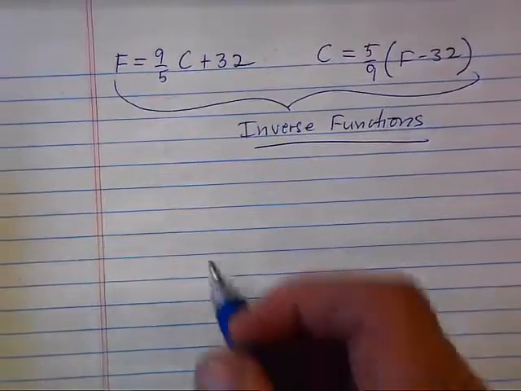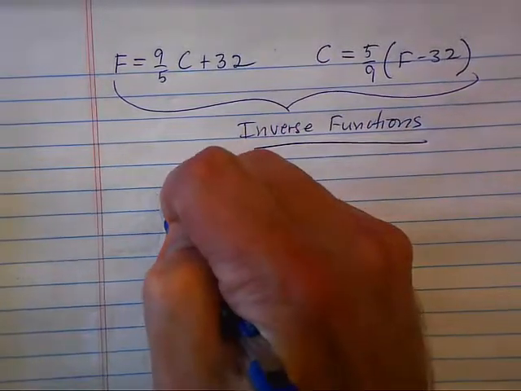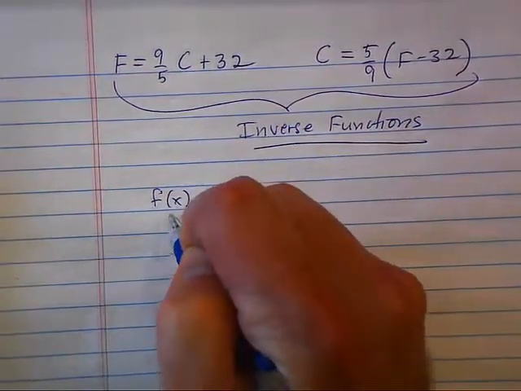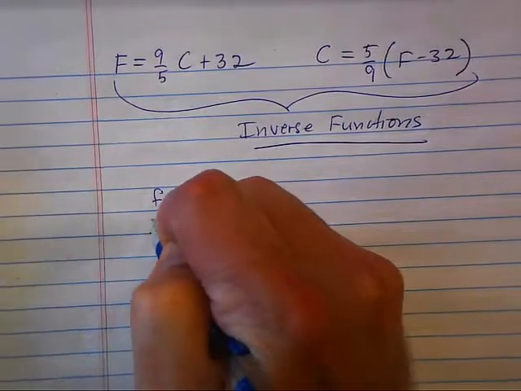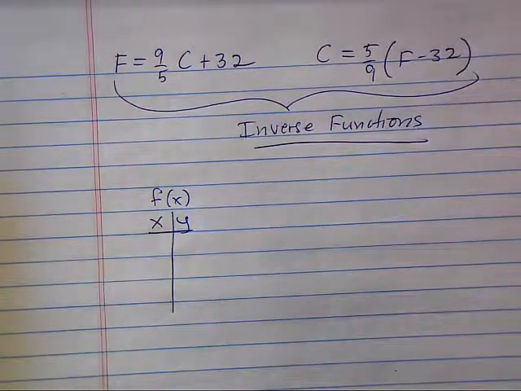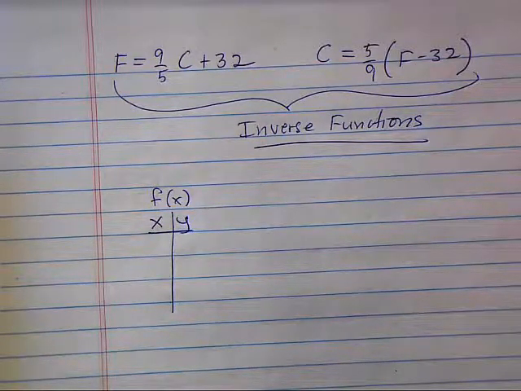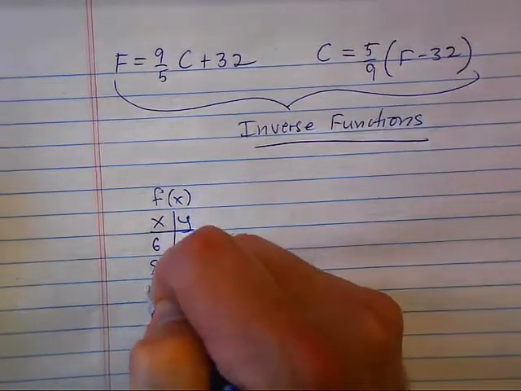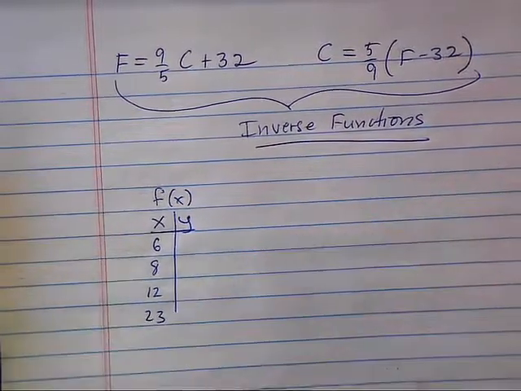Okay, so I'm going to give you a function here. It's going to be a generic old function, f of x. And I'm going to tell you the x values and the y values. Give me 4 x numbers. 6, 8, 12, and 23.